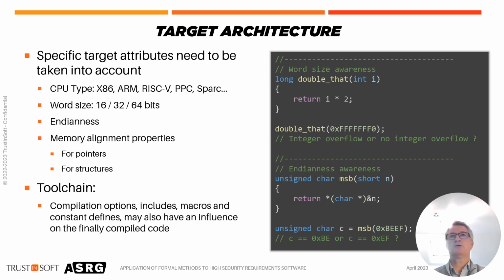If longs are also around 32 bits, then you have a potential for an integer overflow, because if you pass a large enough input integer, you may have a long value that will overflow. So that's an example.